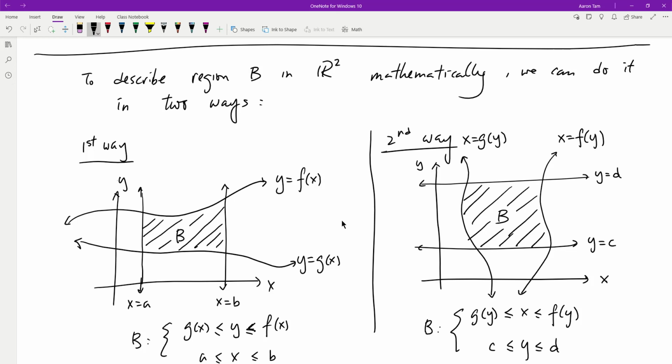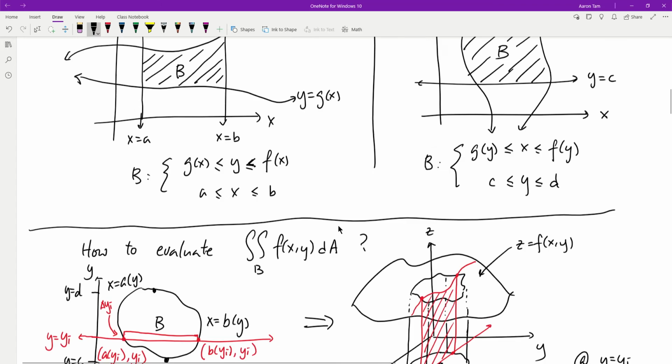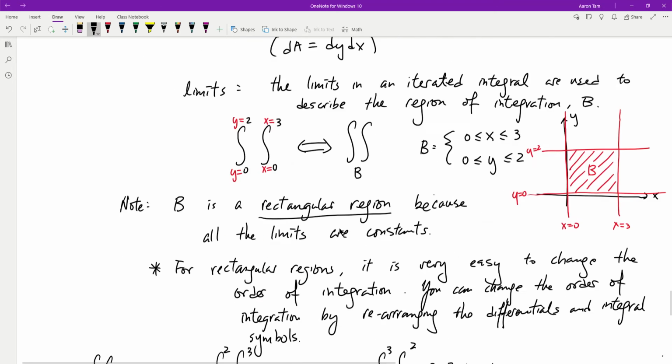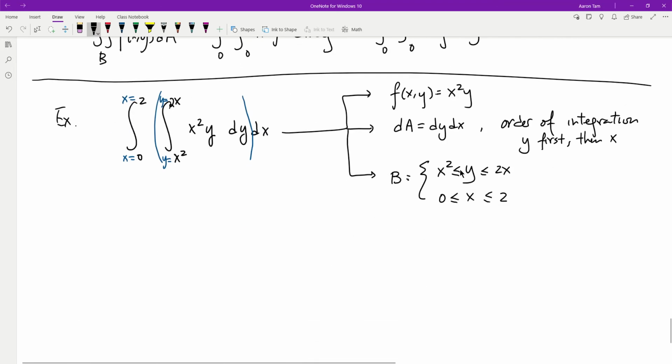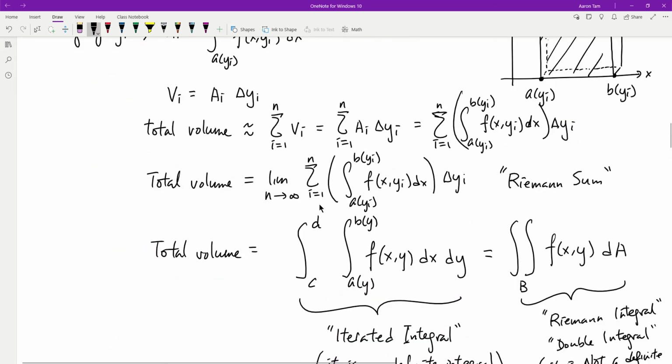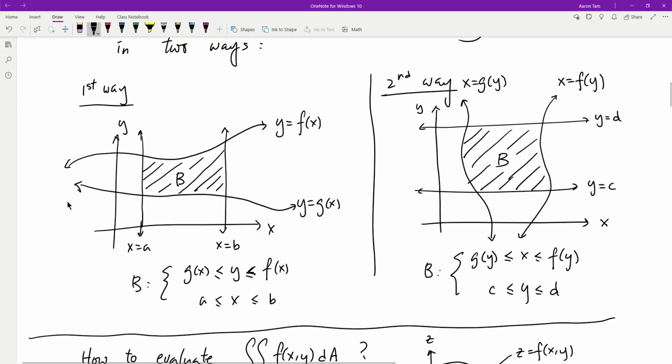A second way is to have two curves from left to right, and then two horizontal lines to box in the rest of the region. So notice that the way this particular region is defined, y between x squared and 2x, and then x between 0 and 2, is describing the region B using the first method right here on the left.